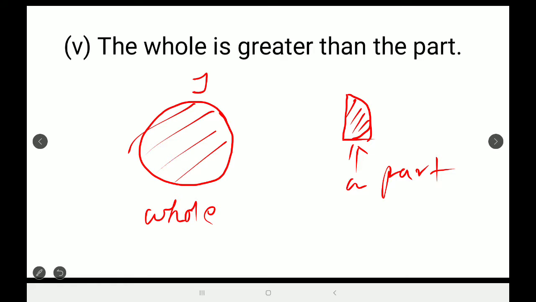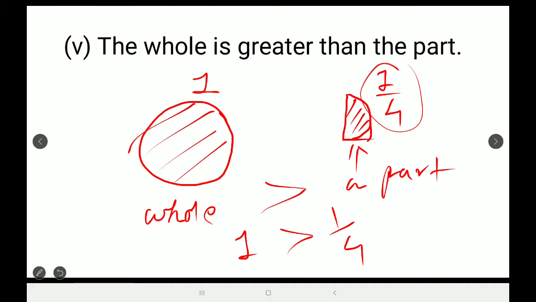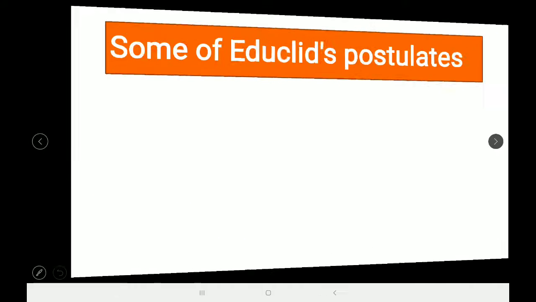So if I take the whole as 1, this will be 1 by 4. So the whole is always greater than the part. So 1 is greater than 1 by 4. You can take 1 half here, no problem. Now some of Euclid's postulates.